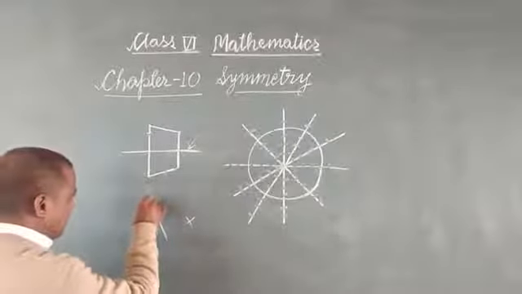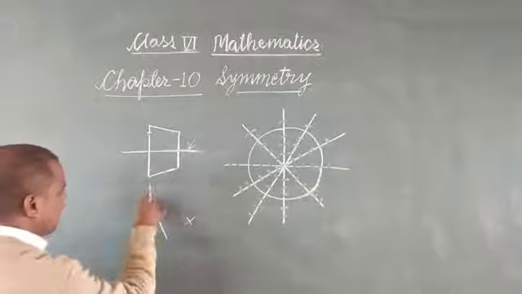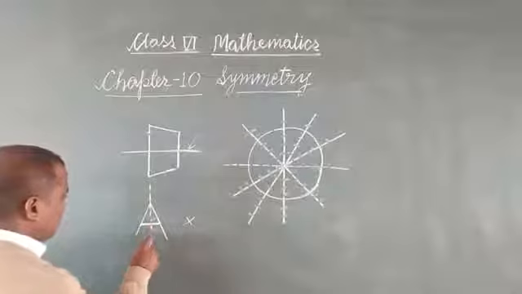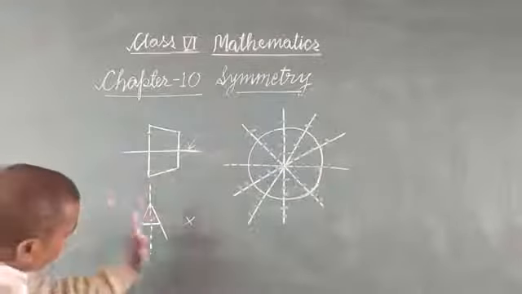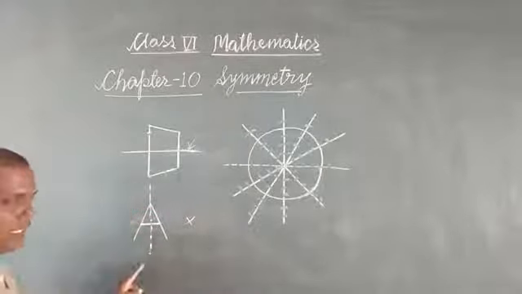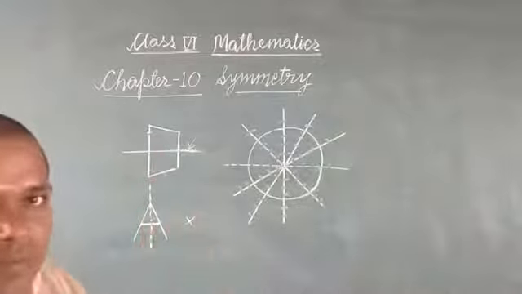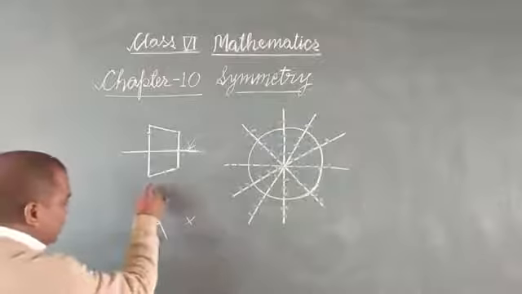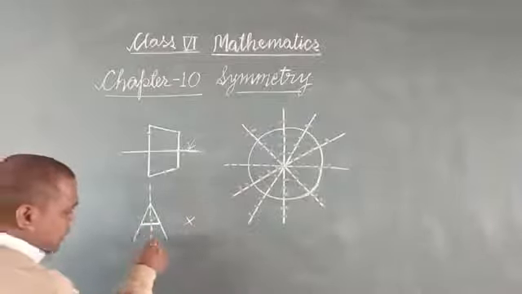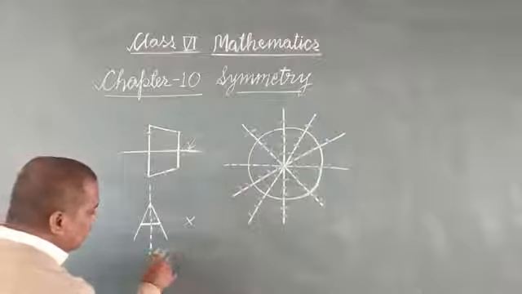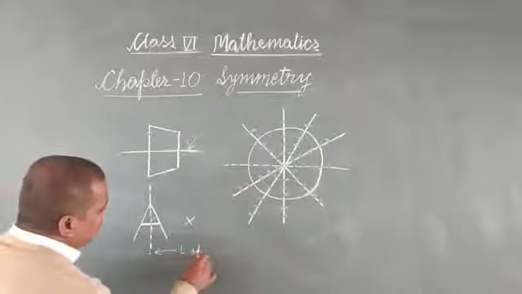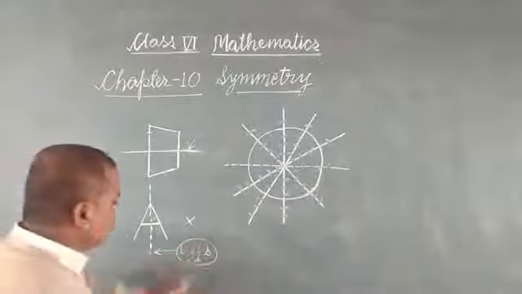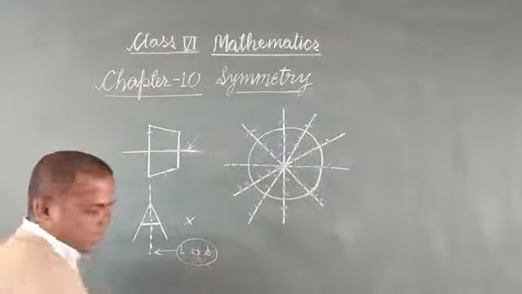But if I am drawing like this, see, this side and this side of this line look exactly the same. Means this part and this part are the same shape and size, so this will be the line of symmetry. We write in short LOS for line of symmetry.